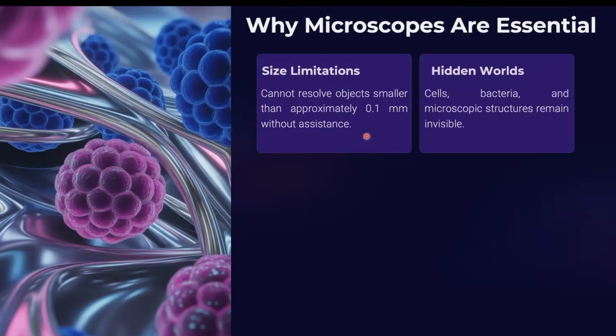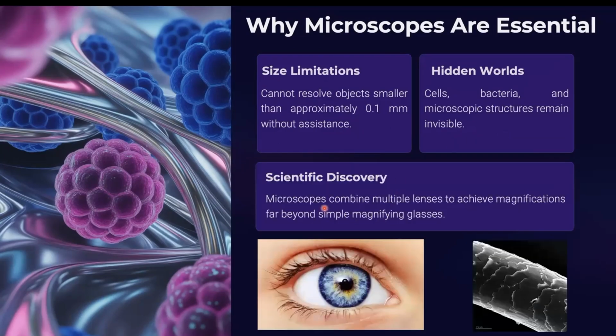There are numerous hidden wonders in this world, such as cells, bacteria, intracellular structures, and other microscopic structures which are not visible to the human eye. And microscopes are important for numerous science and technology developments. They combine multiple lenses so we can achieve higher magnification. We can design new materials based on their micro and nanoscopic properties.